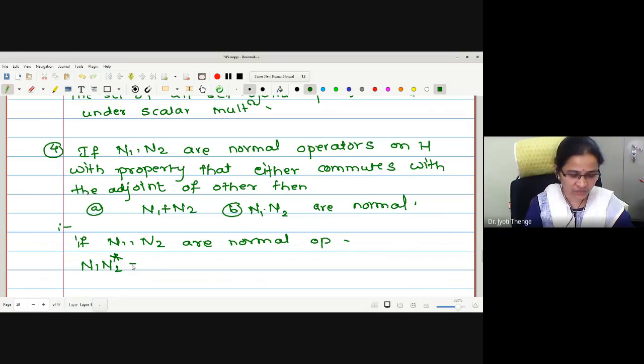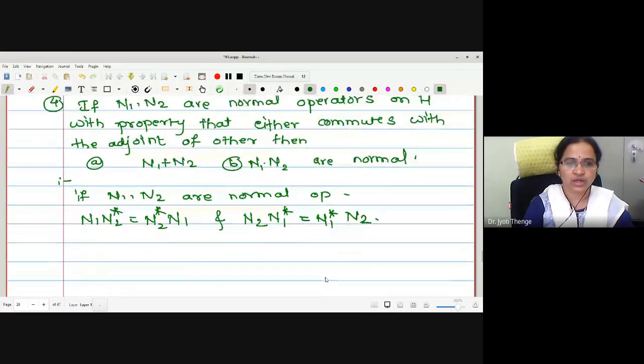Therefore, I can write N1 N2 star is N2 star N1, and if I take N2, then N2 commutes with the adjoint of N1, that is, N2 N1 star is N1 star N2. With this property one can say that N1 plus N2 and N1 dot N2 are normal operators.